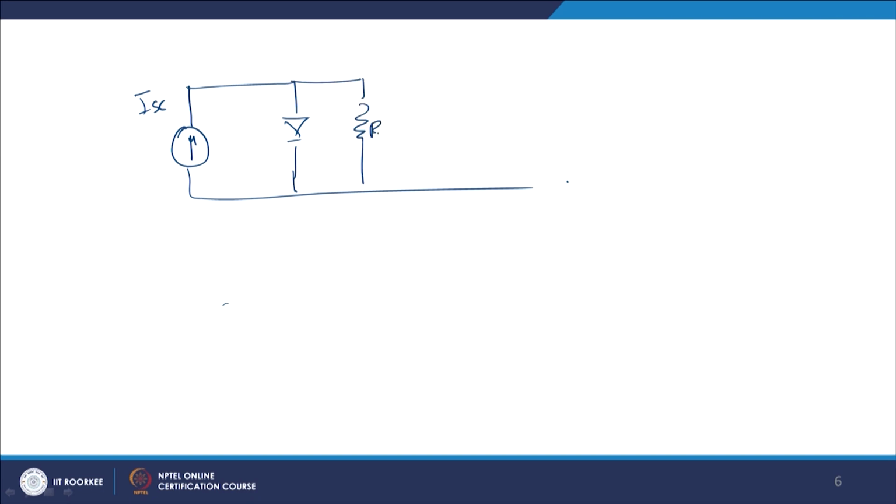Now the current coming to the cell can be simplified. If you draw the diagram, it is something like this. This is the short circuit current. This is your semiconductor device. The common equivalent circuit is going to be like this: R shunt, R series, R load, and this is the voltage.